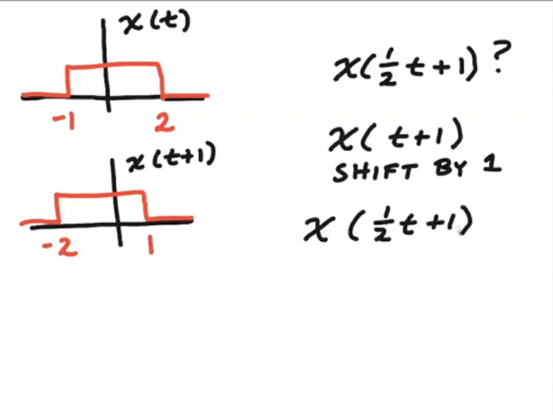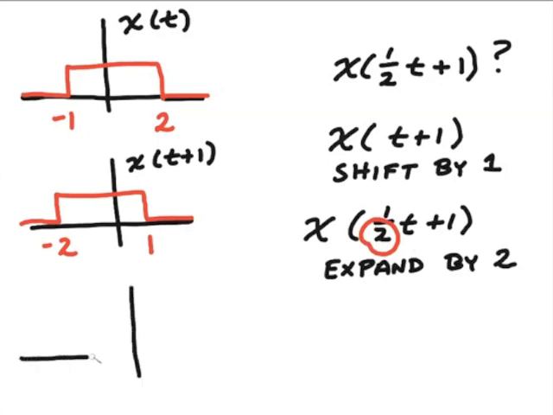So we'll find x of 1/2 t plus 1. We'll expand the diagram by 2. Working from x of t plus 1, we will now expand out by a factor of 2 from t equals 0, and we'll find a new pulse which goes between -4 and 2 seconds. And this is our answer, x of 1/2 t plus 1.